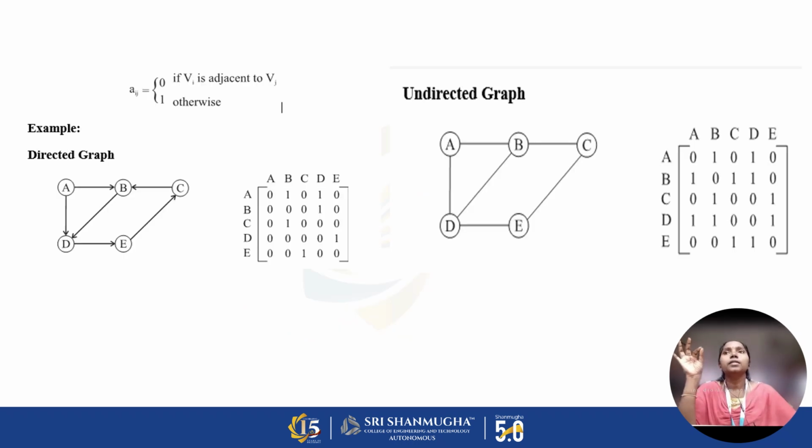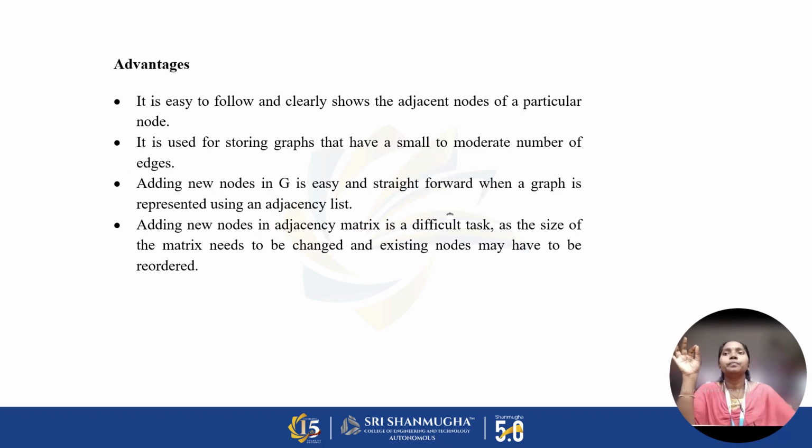And this is another example: the directed graph, and this is the undirected graph. Here the direction is represented from node A to node B. That direction specification is called a directed graph, and similarly in the undirected graph, there is no mark at all on any edges.